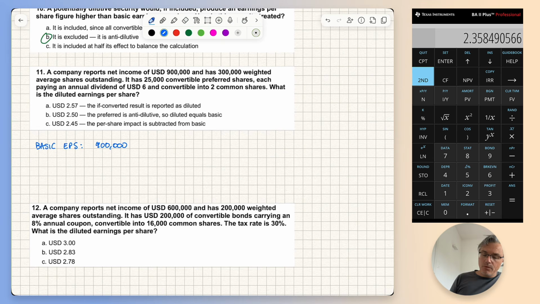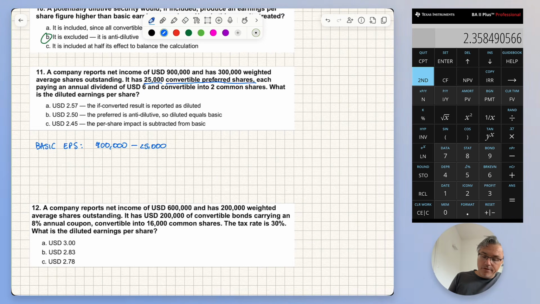Now, because we're dealing with convertible preferred shares, the computation of basic EPS is a little bit complicated, because you need to adjust this number downwards to arrive at the net income available to ordinary shareholders. The ordinary shareholders get whatever is left after the preferred shareholders have received their dividend.